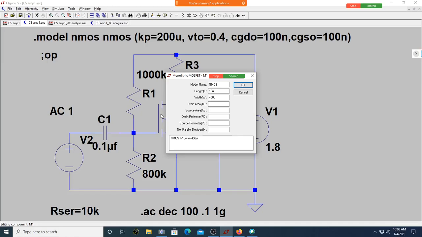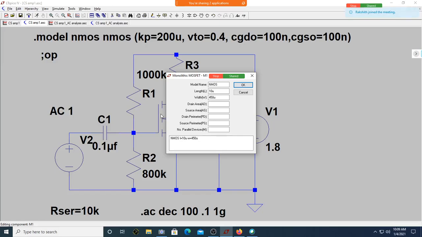It is 45 picofarad. So don't write it as 4.5 into 10 power minus 11. Write it as 45 pico. Let the unit be in terms of either micro, pico, nano, something like that. So don't put it in terms of other than minus 9, minus 12, minus 6.